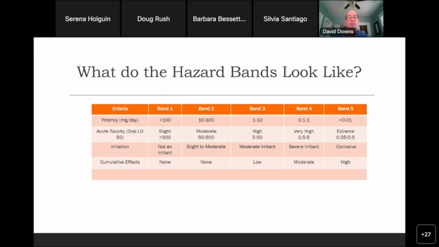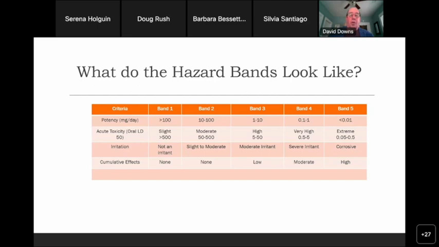So you can see the bands established in different models differ in how many bands were used. Some organizations use 4 bands. Some organizations use 5 bands. In this case, we're using 5.